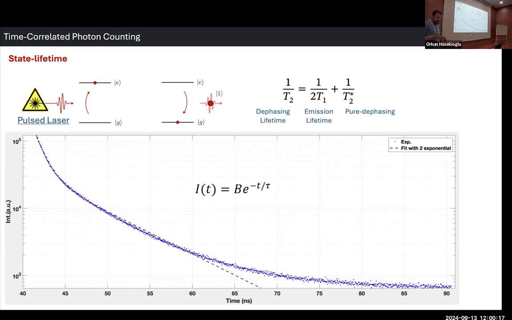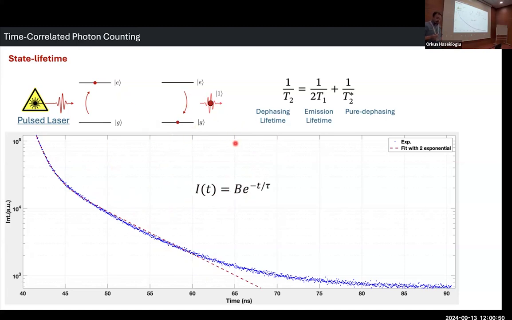Okay, so you measure this behavior by applying a pulsed laser. Then you stop for a limited time, and you see the spontaneous emission from this two-level source. Then you will see some exponential decay. This is an intensity change, and as you can see, it's an exponential decay, and you can fit with 1 or 2 or 3 states, depending on how many interactions there are, if it's a 2-level or 3-level system.